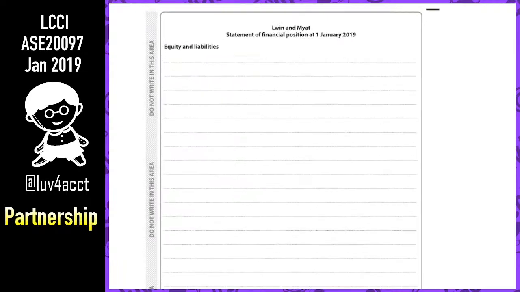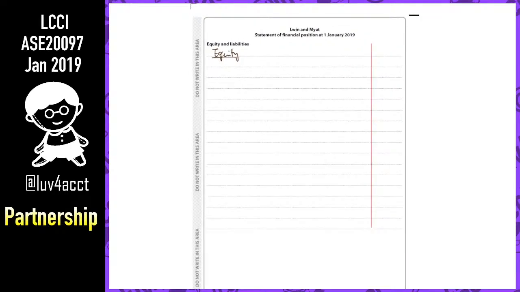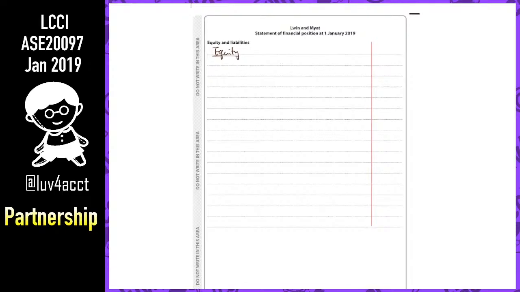And then the statement of financial position, equity and liability section. For equity, we can show it like this. Let me draw the lines first.